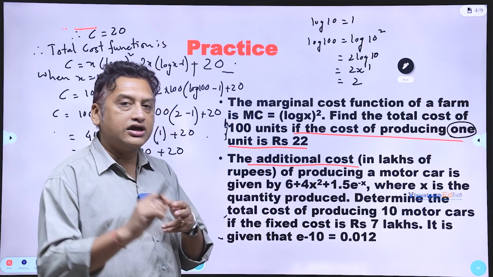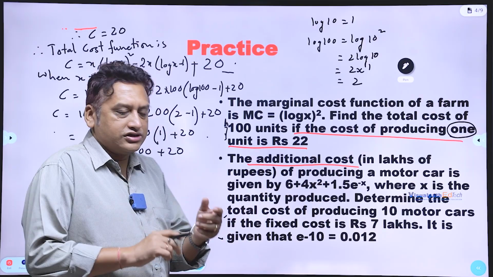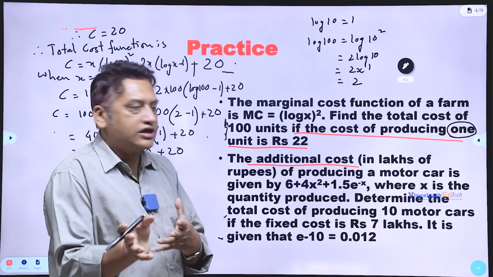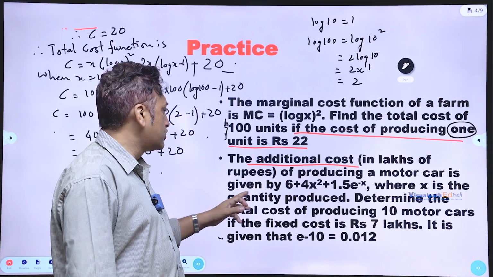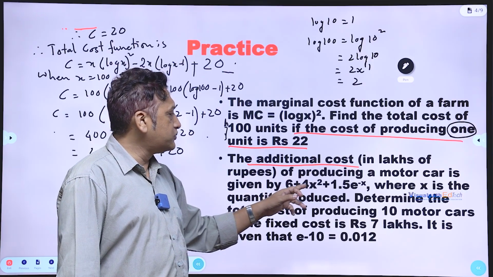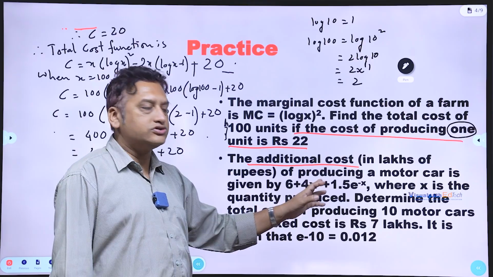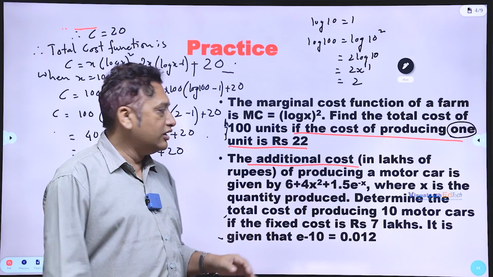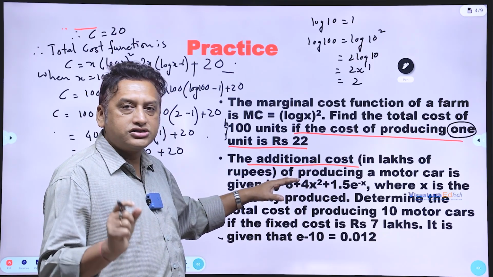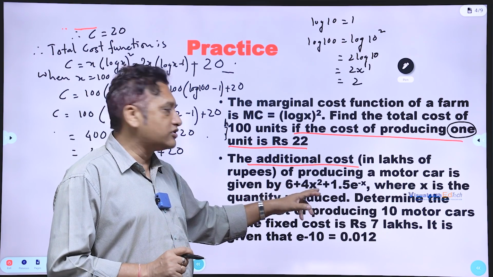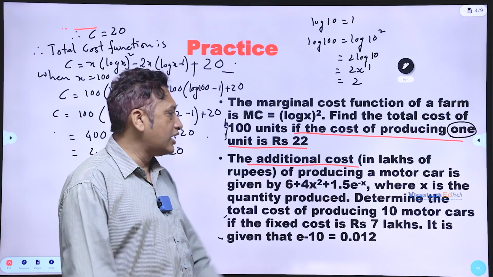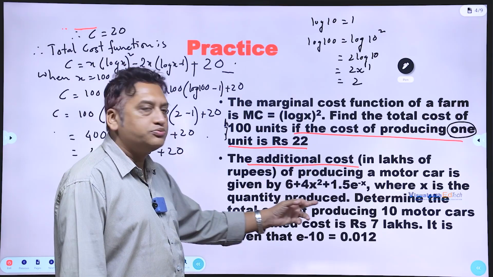Instead of directly writing marginal cost, they have just twisted the sentence and written the additional cost of producing 1 motor car is given by 6 plus 4x square plus 1.5 into e to the power minus x. Meaning, you are given the marginal cost as 6 plus 4x square plus 1.5 into e to the power minus x, where x is the quantity produced.